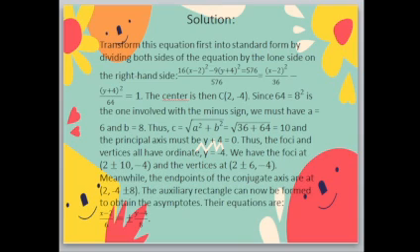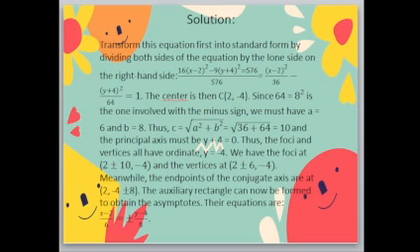Okay, the first step that we are going to do is transform this equation into standard form by dividing both sides of the equation by the lone term on the right hand side. The right side is 576.